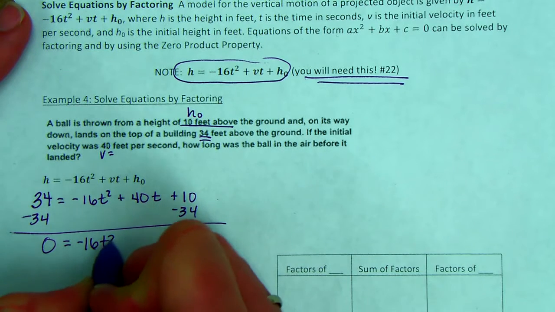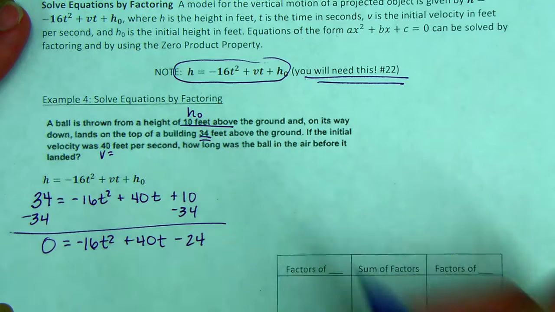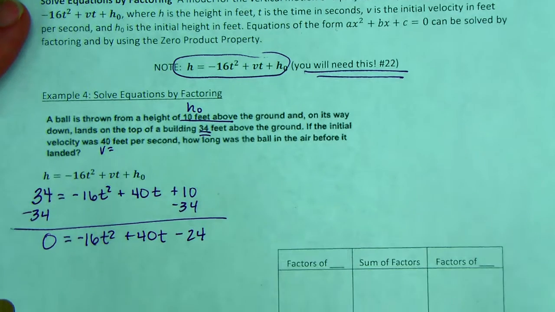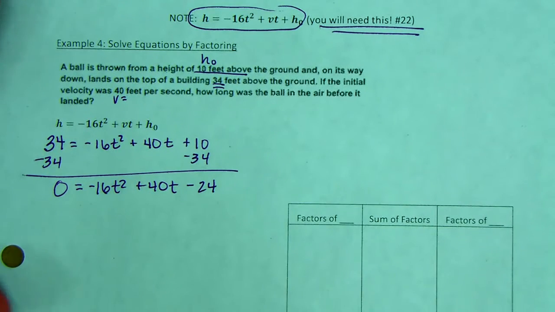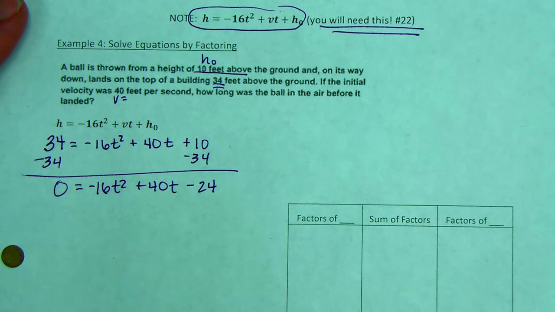Now, remember, this is the part where I always forget. Can you take something out of all of your terms? The answer to that question is yes. We can take a 4 out. Not just a 4, I'm actually going to take a negative 4 out, and here's why. So I'm going to take a negative 4 out.